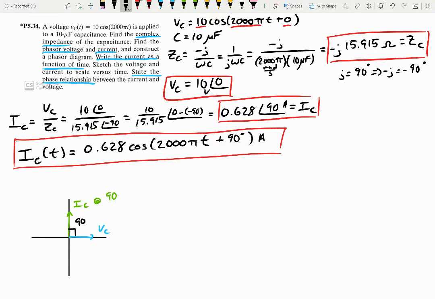So we can say that the current leads voltage by 90 degrees. Or you can say the voltage lags current by 90 degrees as well.